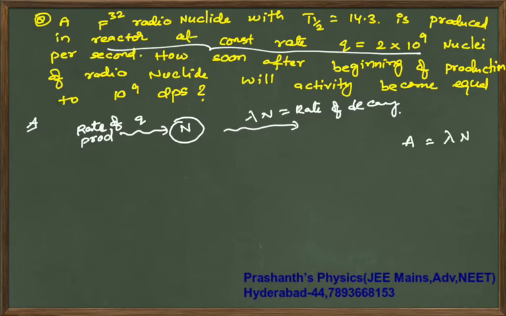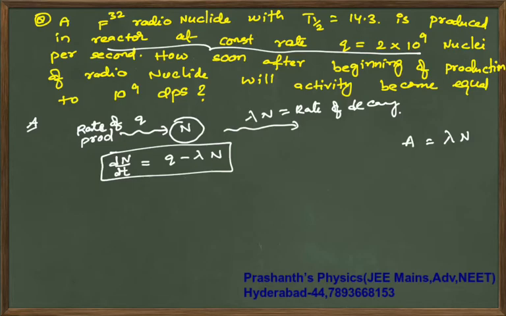This is already known to us, because your activity formula is minus dn by dt equal to lambda into n. Now the net number of nuclei present changes at Q minus lambda into n: how many are produced minus how many are getting decayed.